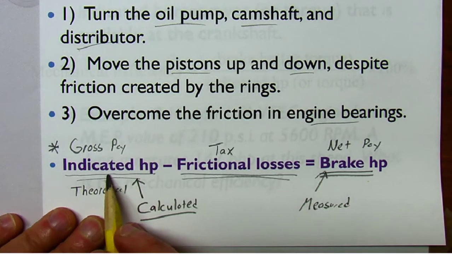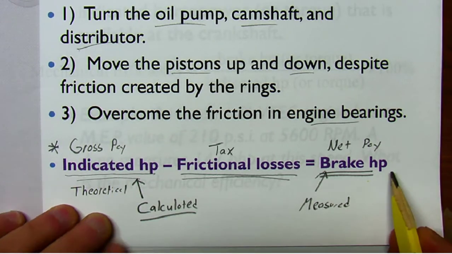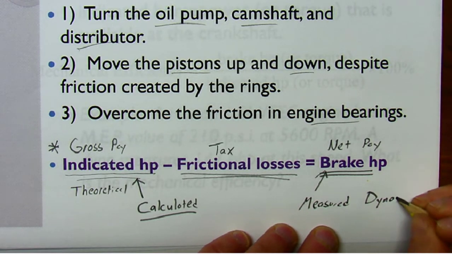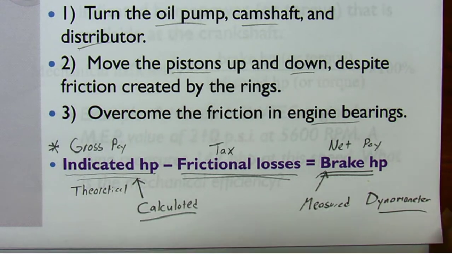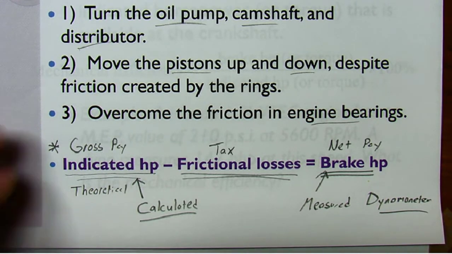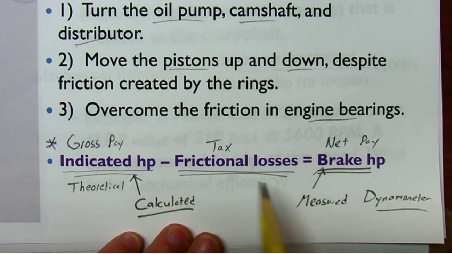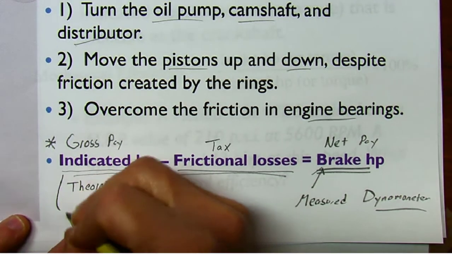To figure out the indicated horsepower, we use that calculated number. We use a calculator to do that. But to get the brake horsepower, we use a dyno or a dynamometer. So these two things are related. Here's how. If you think about this as being a percent problem, which we're going to in a minute, our indicated horsepower, that's our base.